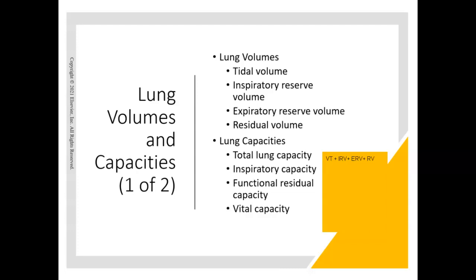Your inspiratory capacity is your IRV plus your tidal volume. Your functional residual capacity is your ERV plus your RV. And your vital capacity is your IRV plus your tidal volume plus your ERV. Okay.